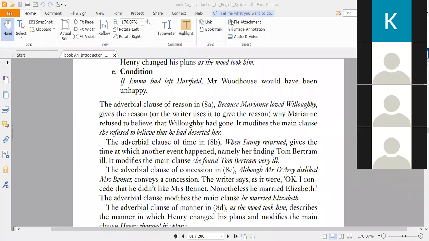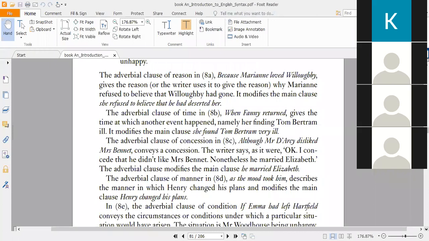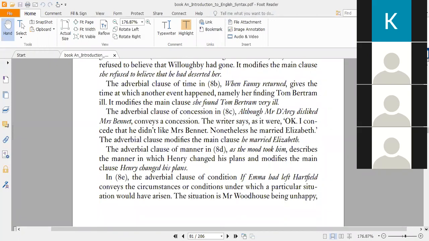Should I move forward? Any question? Yes, sir. Okay. Adverbial clause of concession in 8c, although Mr. Darcy disliked Mrs. Bennet, conveys a concession.